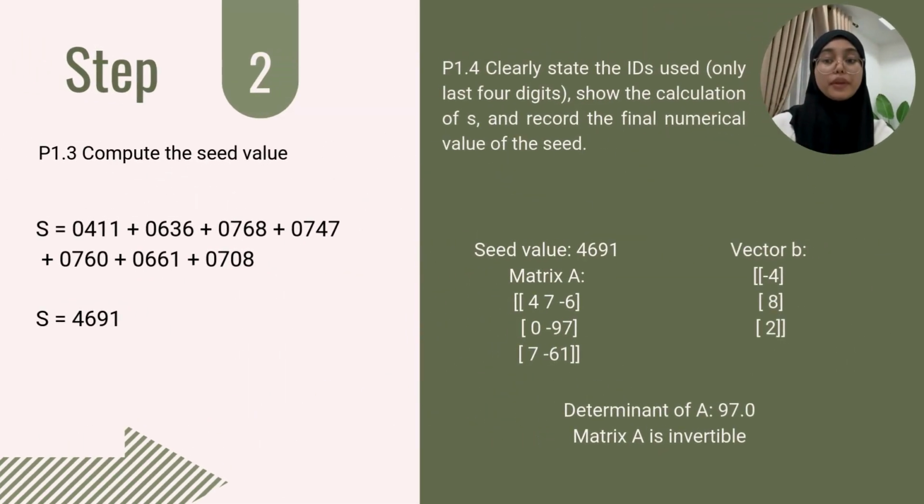Step 2: Compute the C value. Next, we add all the 4-digit numbers together to form a C value S. So, S equals 0411 plus 0636 plus 0747 plus 0760 plus 0661 plus 0708.